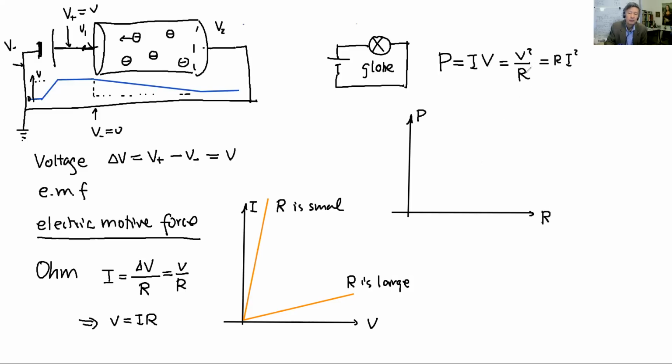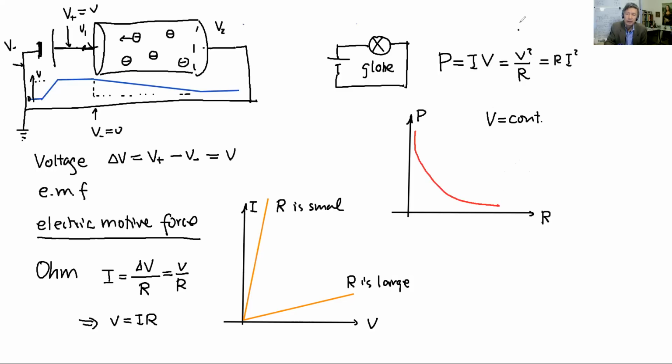So V is constant. In this case, can you draw the diagram of the dependence of the power on R? P and R, inversely, like this one.